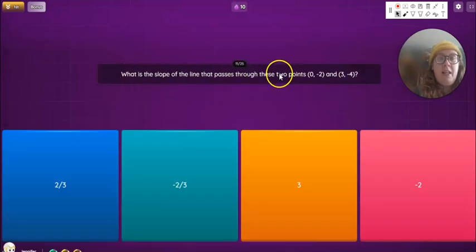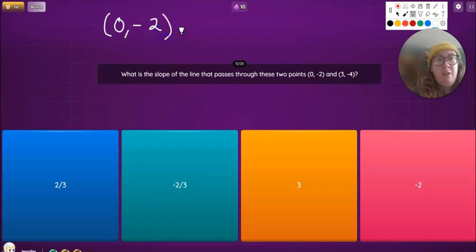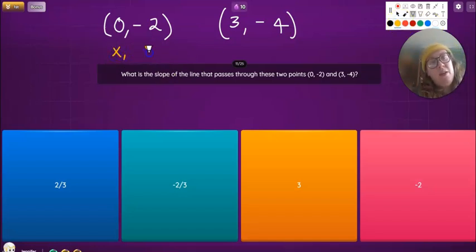What is the slope of the line that passes through these 2 points? So we have (0, negative 2) and (3, negative 4). Our first point is x1, y1, and our second point we label as x2 and y2.